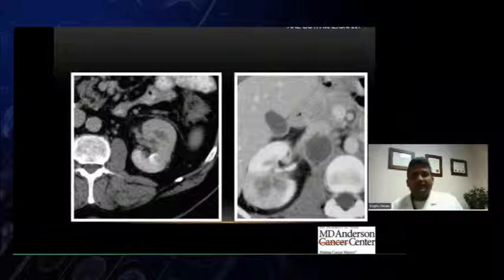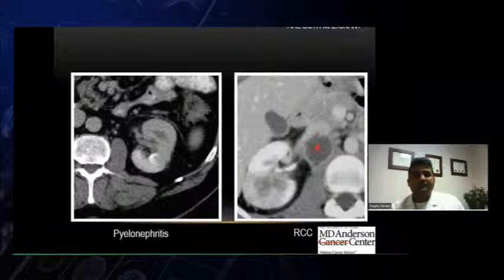The next thing that you come across is this kind of infiltrative lesion. There are two examples here. Are both malignant? Are both infections? This is a difficult question. One of them, on the left, turned out to be pyelonephritis and it resolved, and the other one turned out to be renal cell carcinoma. The only difference between these two is the presence of retroperitoneal adenopathy.